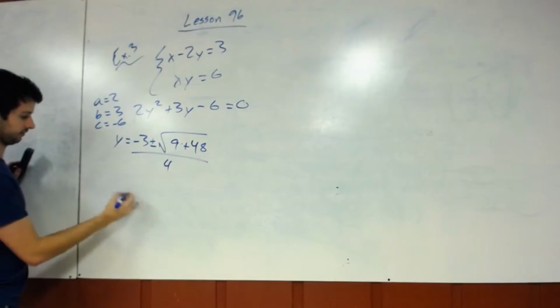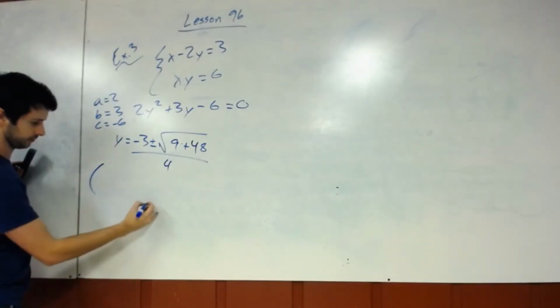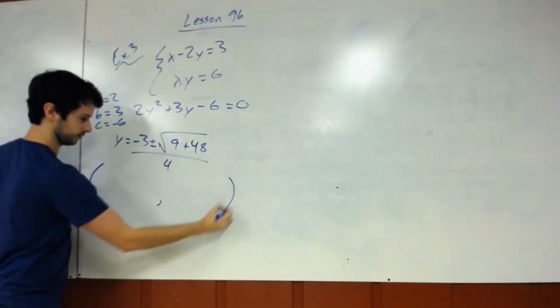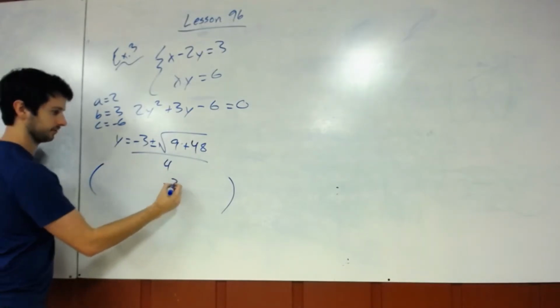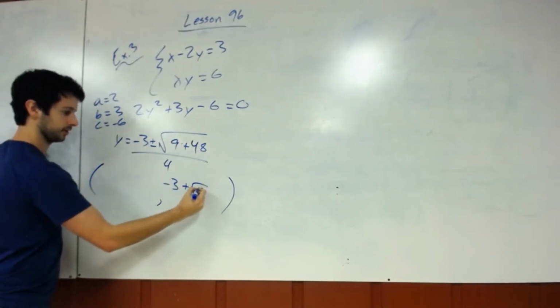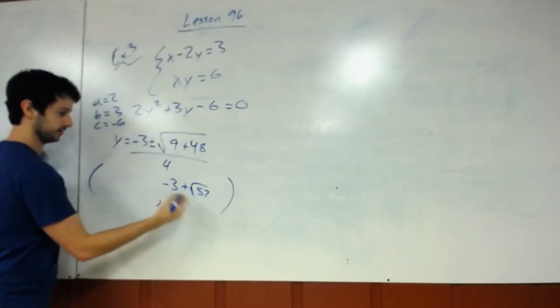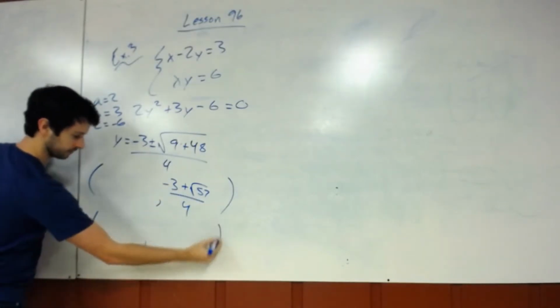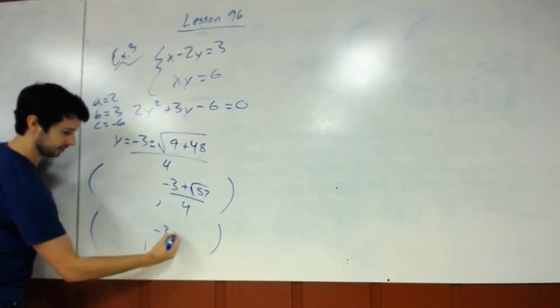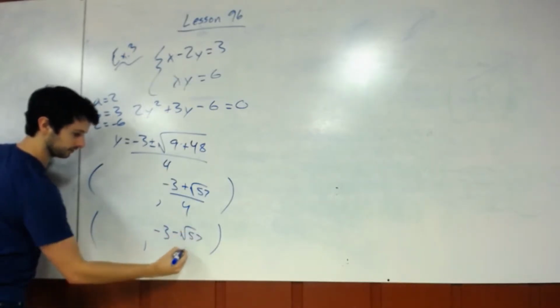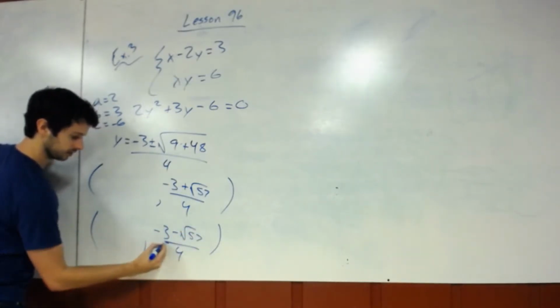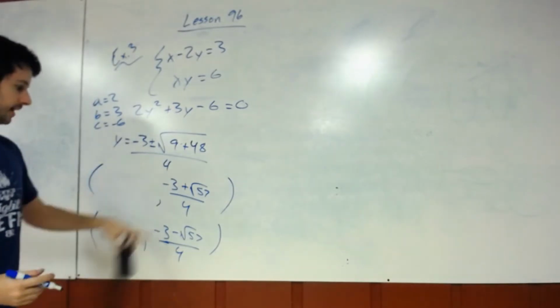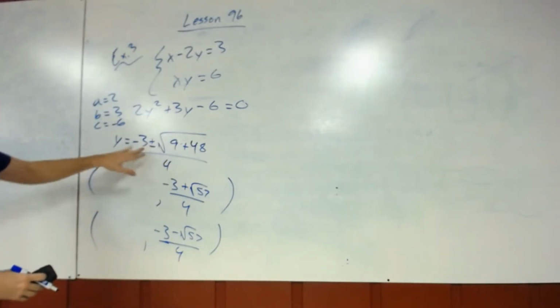So for y, we don't know x, but we know y is negative 3 plus radical 57 over 4, or y is negative 3 minus radical 57 over 4. These are my answers for y, because plus or minus.